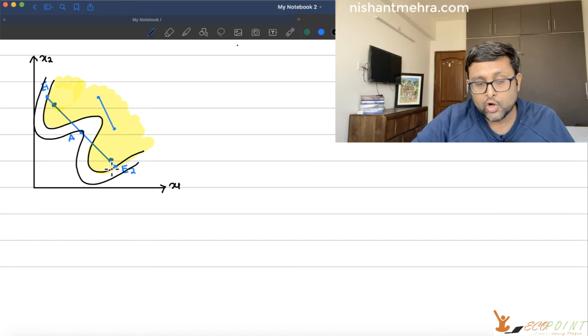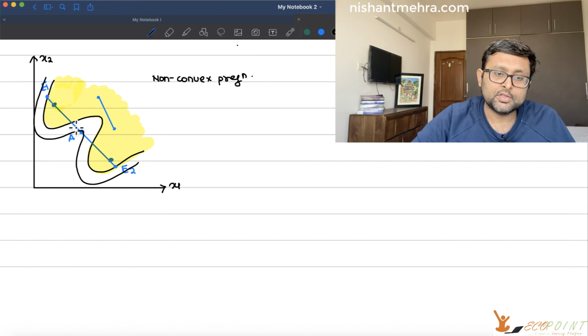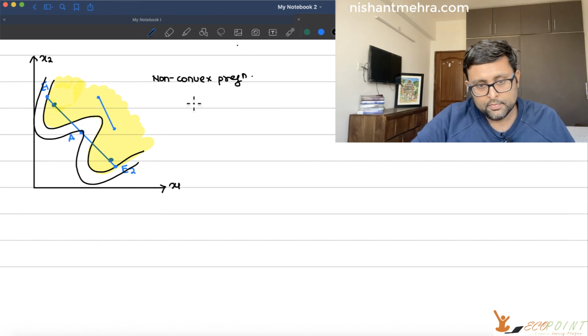So average is not preferred to extremes here in this case. So for the non-convex preferences, these are non-convex preferences. Or you have also an example of concave preferences.